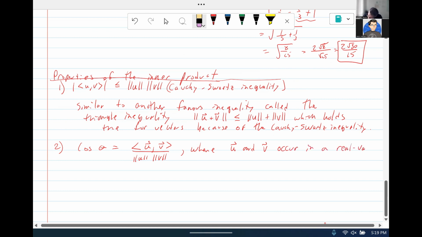Maybe I should put real-valued inner product space when we're using real numbers. No complex numbers. Real inner product space.